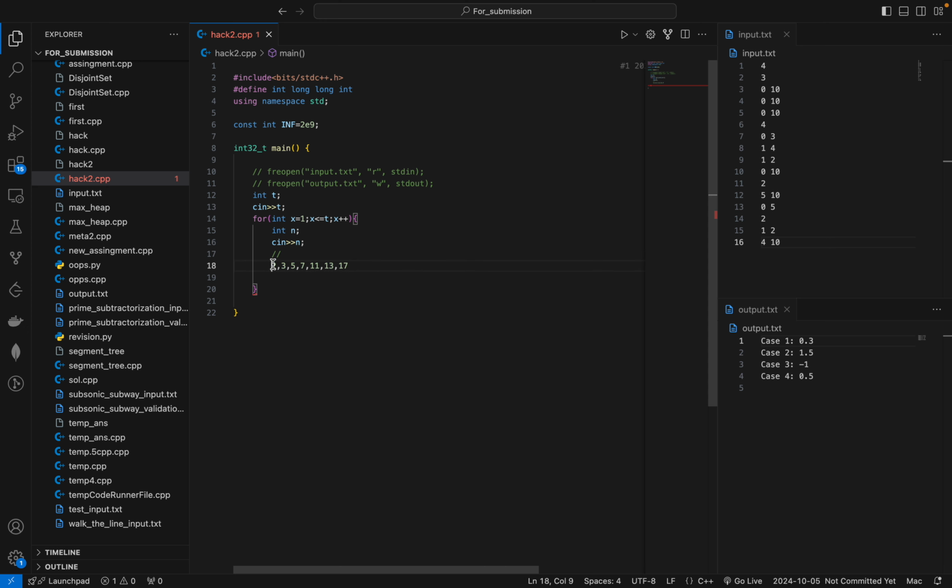Now in case of 2, basically we check if a prime number minus 2 is also a prime number, then that one counts. For example, 5 minus 3 is a prime number, so 5 counts. 7 minus 2 is 5, a prime number, so 7 counts. 11 minus 2 is 9, not a prime number, so 11 won't count. 13 minus 2 is 11, a prime number, so it counts. 17 minus 2 is 15, not a prime number.